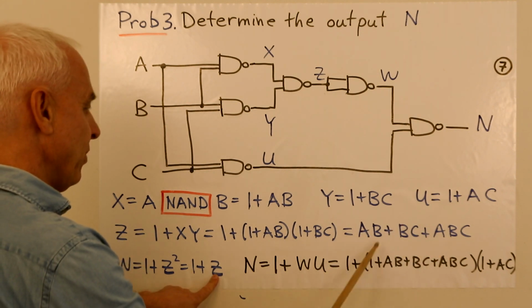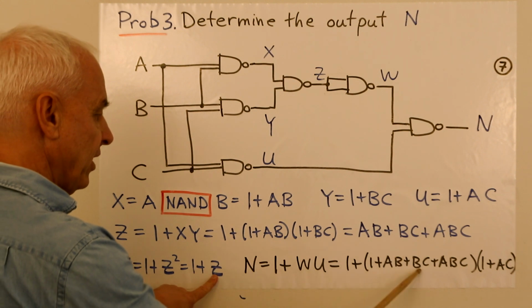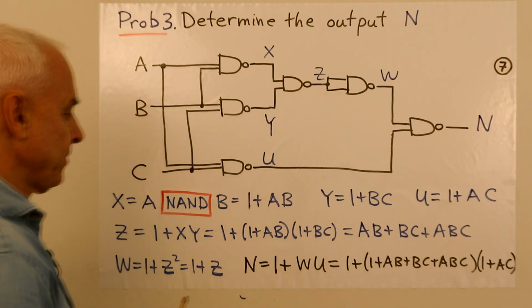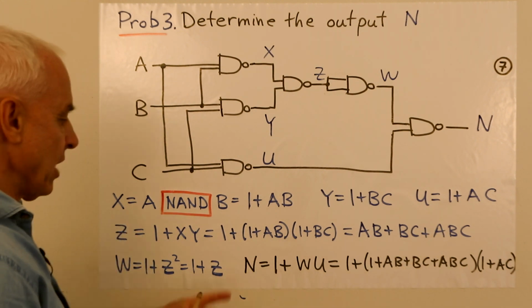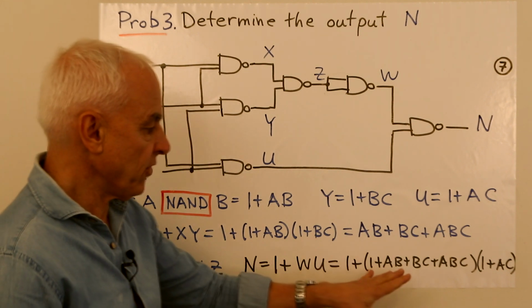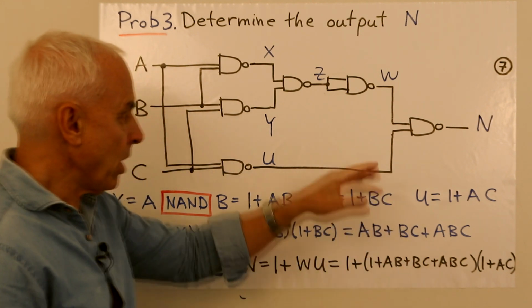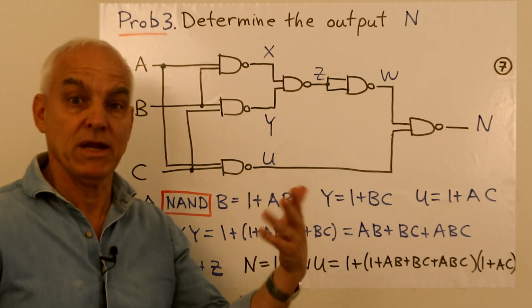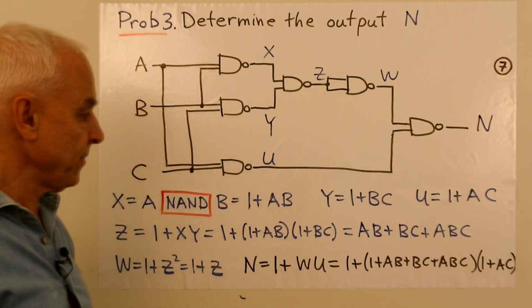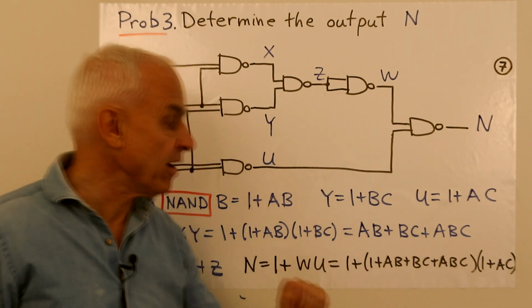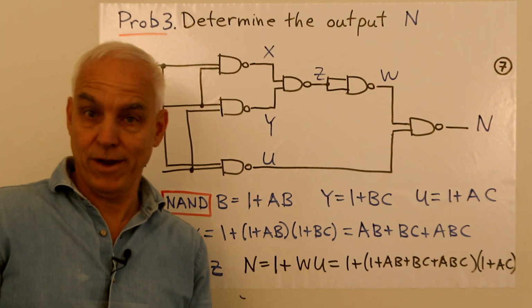So it's 1 plus AB plus BC plus ABC. That's now an expression for N, just in terms of the inputs A, B, and C, where now we've removed the intermediate things X, Y, Z, and so on. So now we have to simplify this thing to find out what this circuit is really doing.